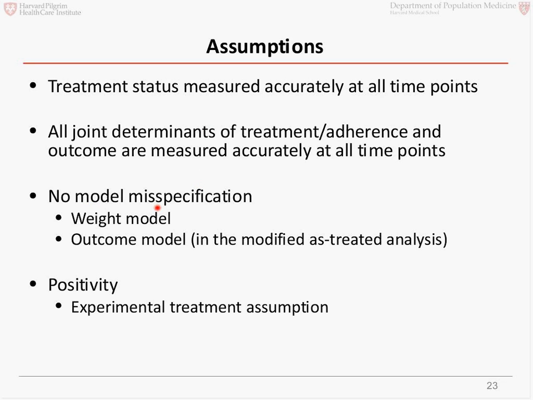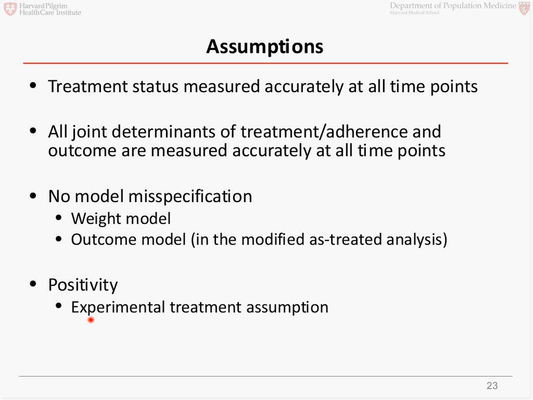And we need a correct model for the weight, and if you are using the modified analysis, you also need to have a correct weight model. Another assumption is what we call the positivity assumption, which is also known as the experimental treatment assumption. Basically, what this means is that for each combination of your covariate history, you need to have patients in each of the treatment groups that you are looking at.